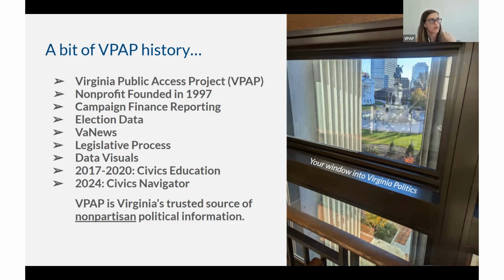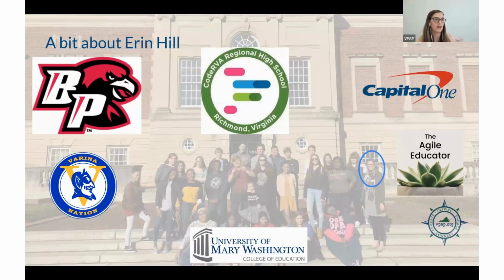So awesome. A bit about myself, in a visual nutshell. I was a high school social studies teacher for almost a decade. I taught at Brook Point High School in Stafford, Varina High School here in Richmond, and Code RVA Regional High School, which was a public magnet school dedicated to computer science and project-based learning.